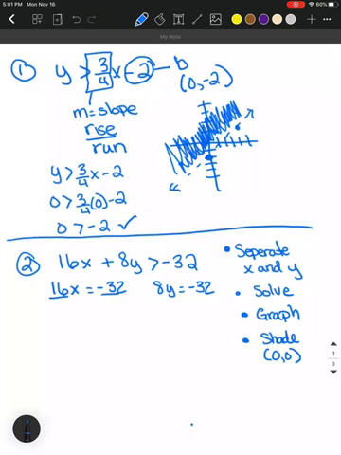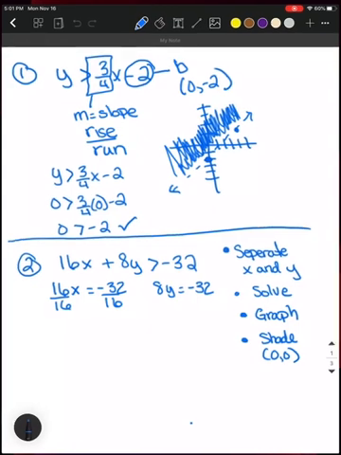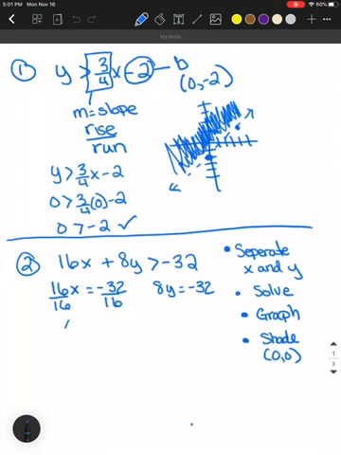For x, we divide both sides by 16, and we have x is equal to negative 2. That point is negative 2, 0. For y, I'm going to divide both sides by 8. I get y is equal to negative 4, and that point is 0, negative 4.